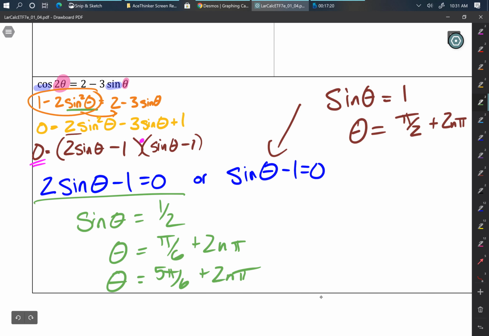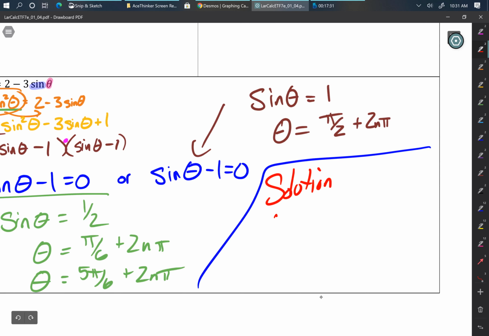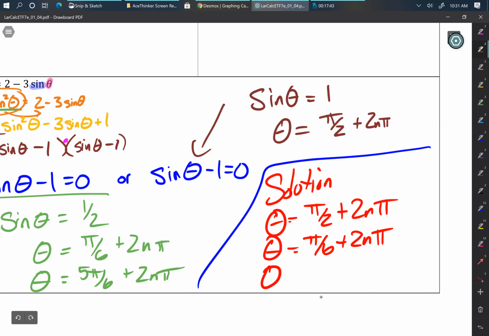to make it work. So then last thing to do is to wrap it up and make it look pretty and represent all the answers. And so what's my solution? My solution is theta could be pi over 2 plus 2n pi, or theta could be pi over 6 plus 2n pi, or theta could be 5 pi over 6 plus 2n pi.